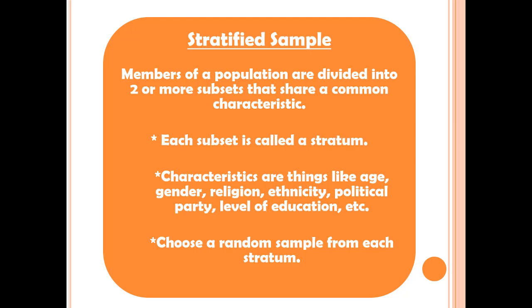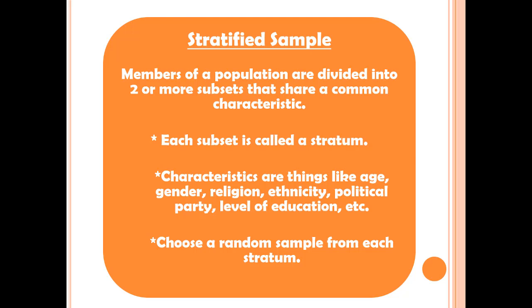Right? I want to make sure I've got some Democrats, some Republicans, some independents, to make sure that my sample is representative of the population. So that's what a stratified sample is: we break down the population based on a certain characteristic first, and then we take a random sample from within each one of those to form our random sample.